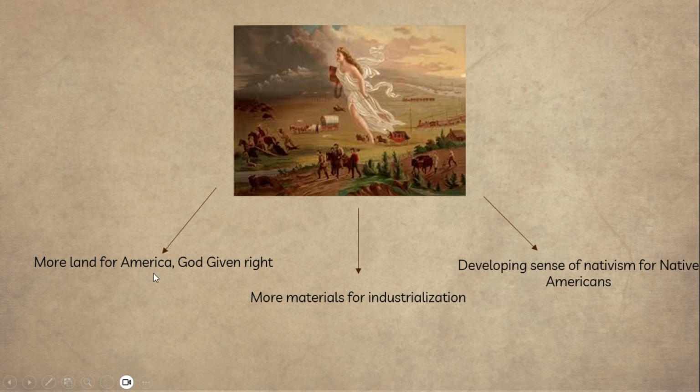And like I said earlier, Louisiana purchased a lot more land for America, and it was seen as their God-given right to go coast to coast and conquer all of the continent.